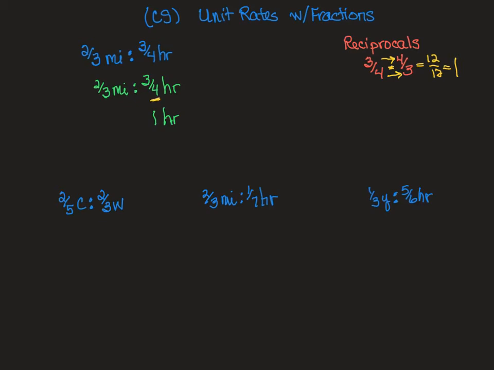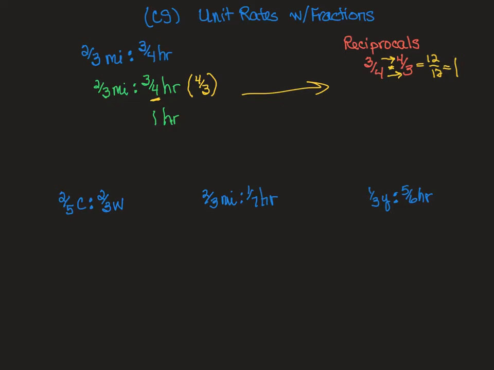So I look at the 3/4 of an hour, and I know that if I multiply it by its reciprocal, I will get 1, right? So I'm going to multiply it by its reciprocal. And I can see with my work over here that that is going to be 1. It's going to be 12 over 12.